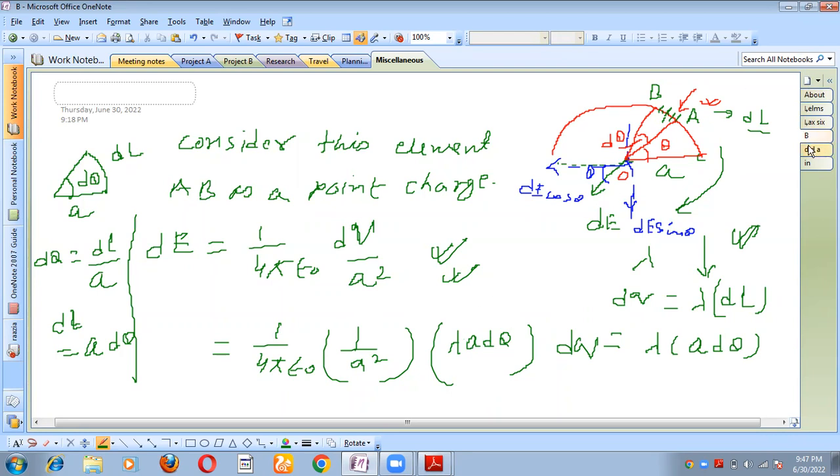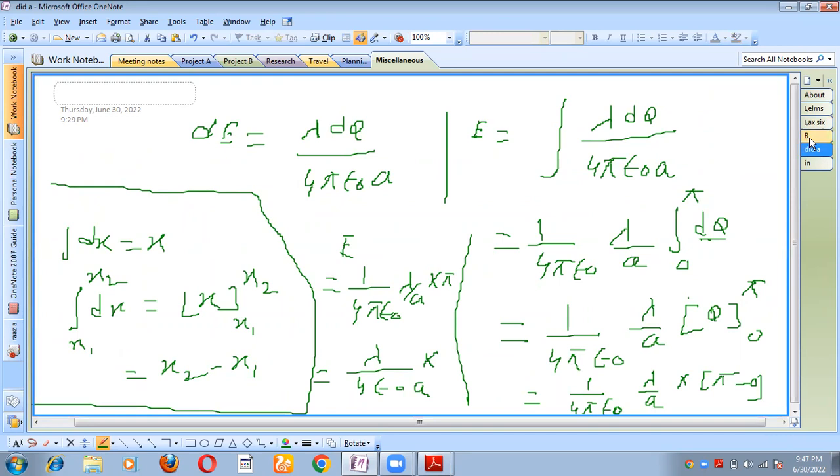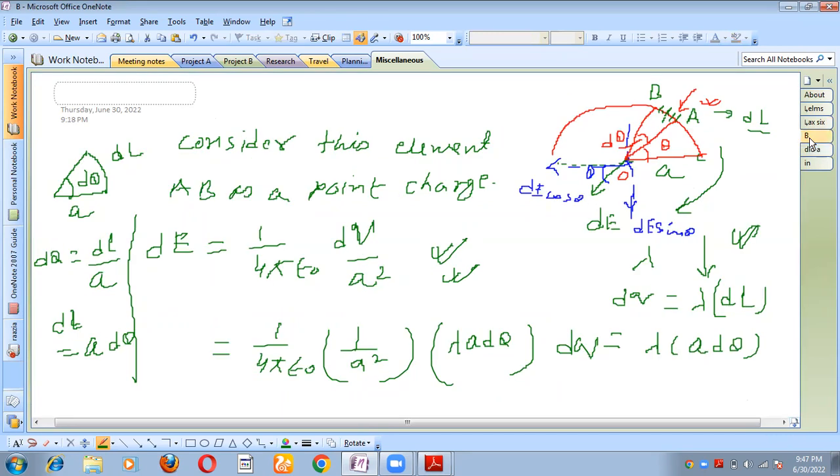Now we have found dE. Now we should not integrate it directly. In this way, we will get the wrong result. Since electric field has direction, if two fields are acting in some direction, you cannot add them merely.